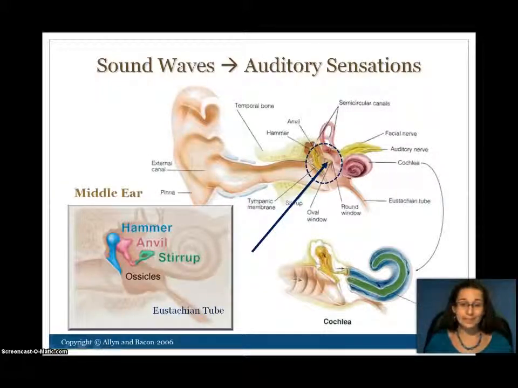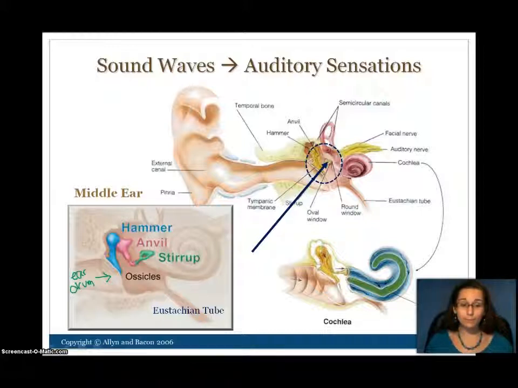Those vibrations then take us into the middle ear, which has 3 little bones. So in our original picture, you can see here in the lower left that we do have the eardrum still. So we're moving out of the canal, we're reverberating off the eardrum, and then the process is that all of these little bones, the hammer, the anvil, and the stirrup, are vibrating based off of whatever the sound wave was that actually hit the outside of the tympanic membrane.